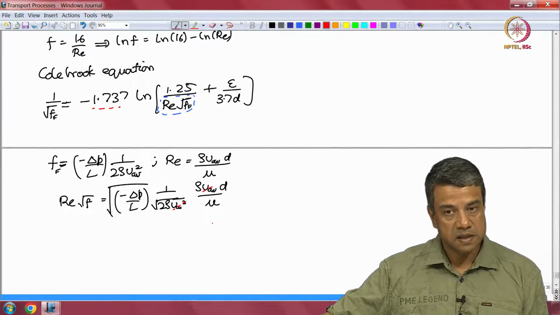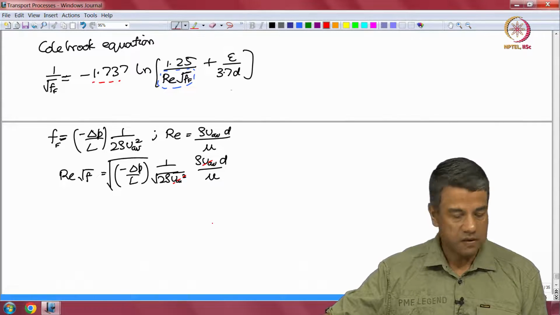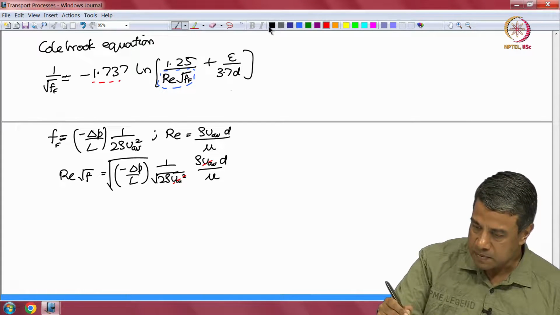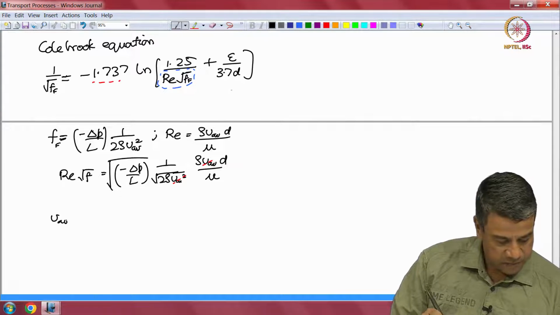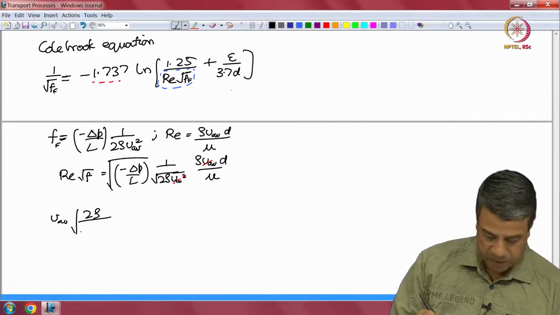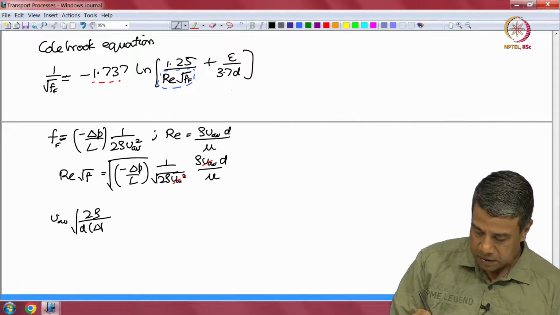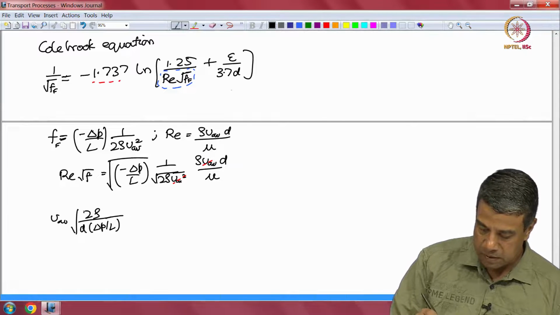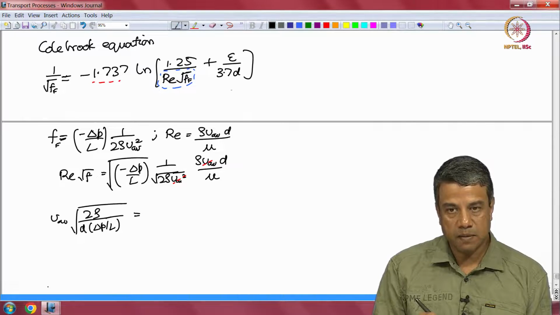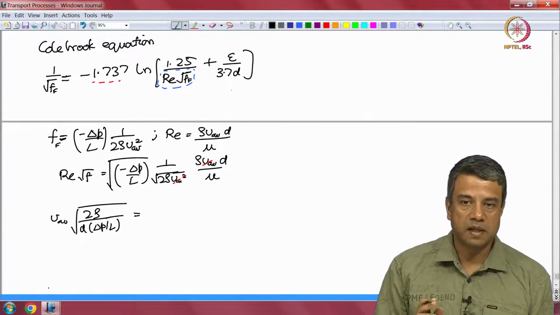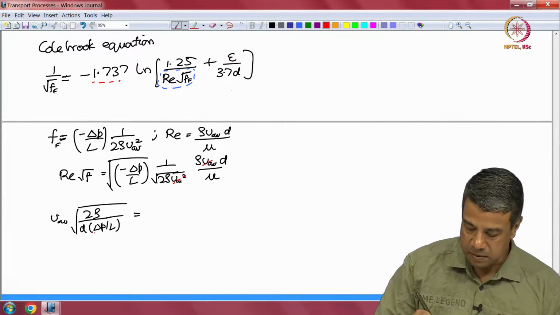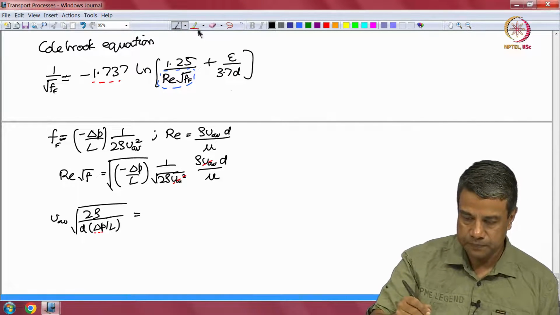If I express this in terms of the pressure gradient and the velocity, what I will get is an expression of the form V average root of 2 rho by d into delta P by L. I should, strictly speaking, use the magnitude of the pressure difference here, because delta P is negative. So, this delta P is understood as being the magnitude.